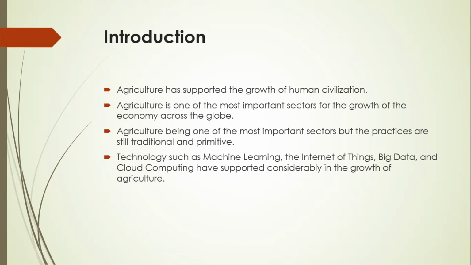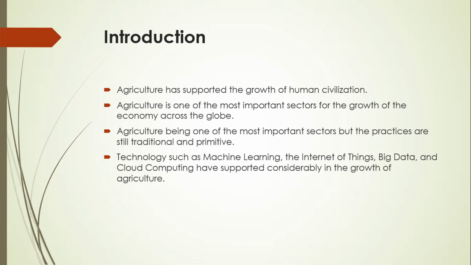To introduce, agriculture has supported the growth of human civilization from its inception. Agriculture is one of the most important sectors for the growth of the economy across the globe. But though it is one of the most important sectors, the practices followed in agriculture are still traditional and primitive.